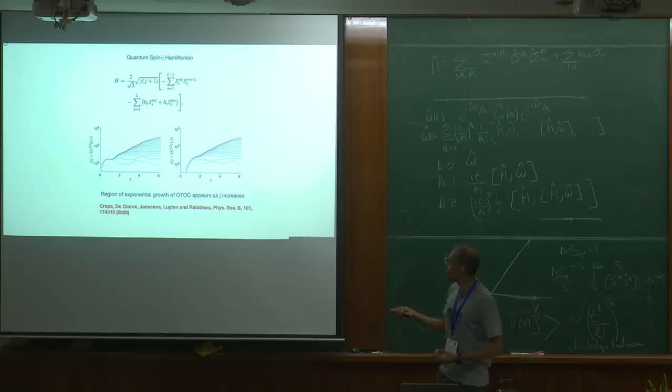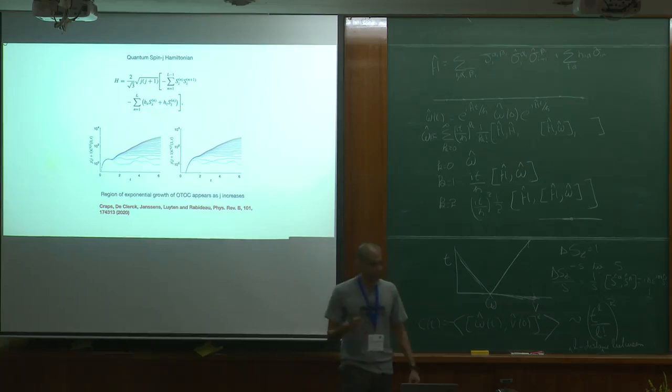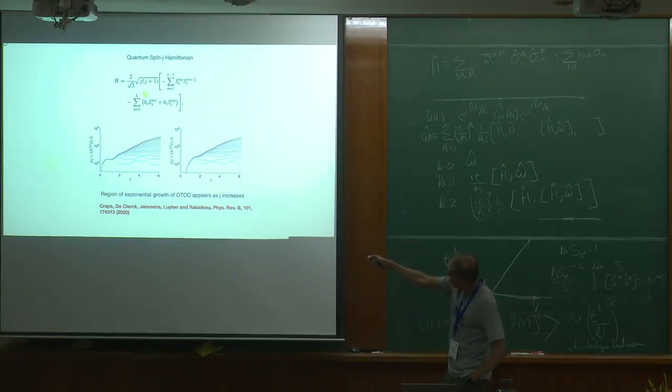And for reasons of calculational simplicity, they chose to work with this as opposed to, say, a Heisenberg Hamiltonian. I'm guessing that had they worked with a Heisenberg Hamiltonian, the results wouldn't have been qualitatively any different. But this is what the Hamiltonian is, and as you increase J, it becomes more and more classical.